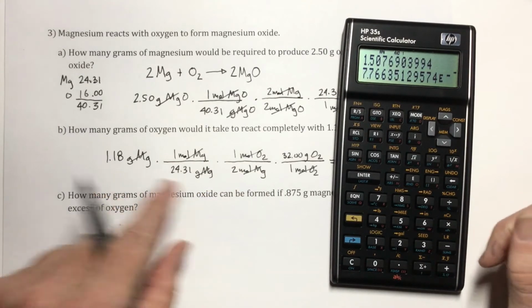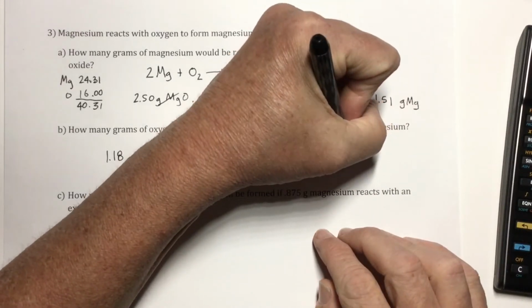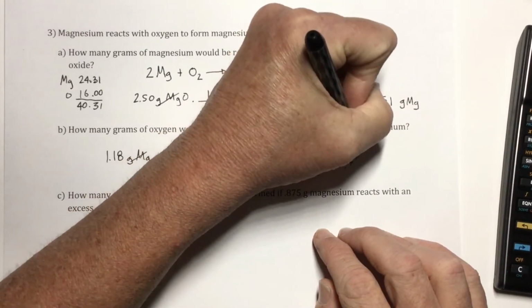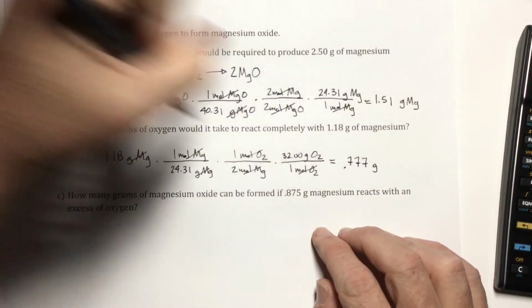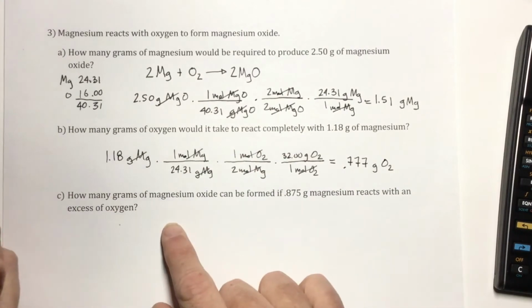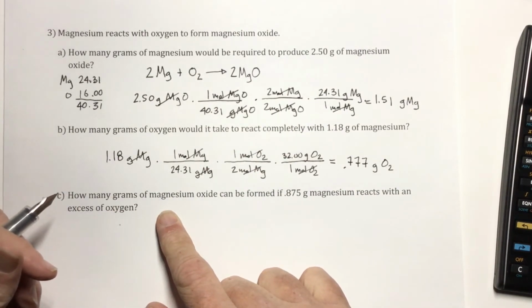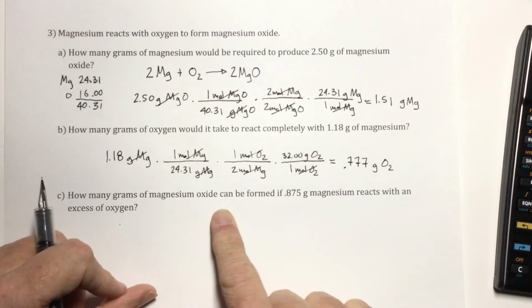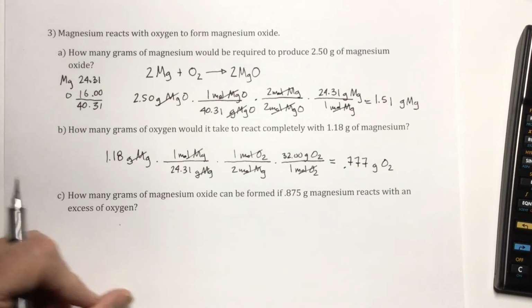I should have 3 sig figs, so that will come to be 0.777. 0.777 grams of oxygen. Splendid. All right. C. How many grams of magnesium oxide can be formed if 0.875 grams of magnesium reacts with an excess of oxygen?